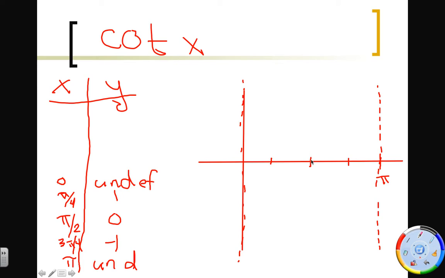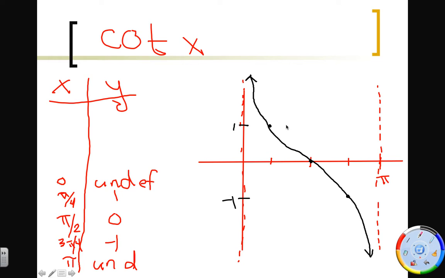And then at pi halves, I'm at 0. Pi fourths, I guess I need a 1 up here. And a -1. And again, this is going to kind of look like a cubic function. Only downward instead of upwards, a downward slide instead of an upward slide.